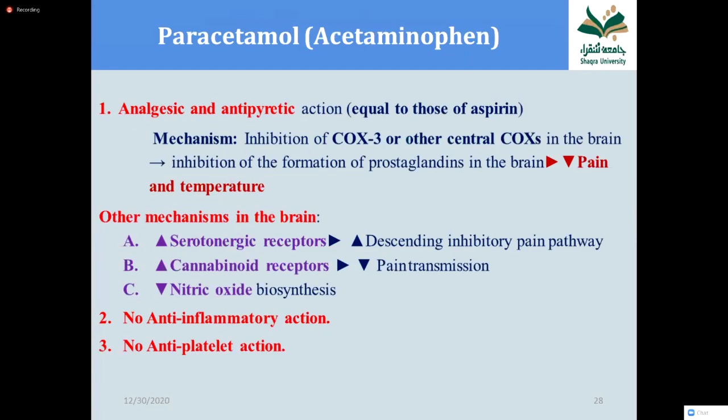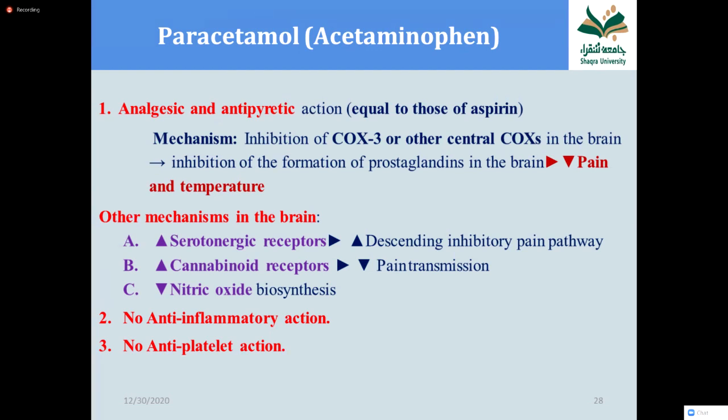The last drug in this category is paracetamol. We know that it inhibits COX-3, another central cyclooxygenase enzyme in the brain. So it decreases pain and temperature also. It has no anti-inflammatory effect and no antiplatelet effect.